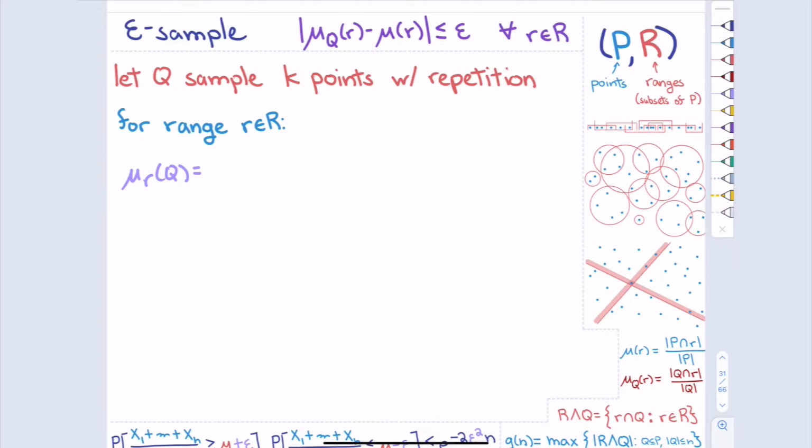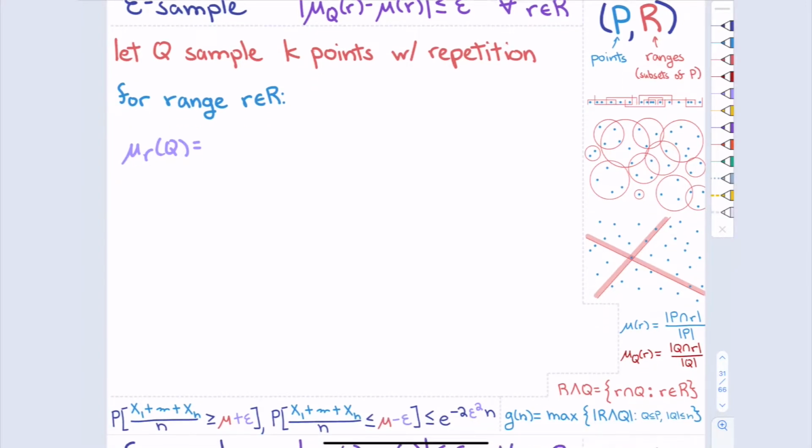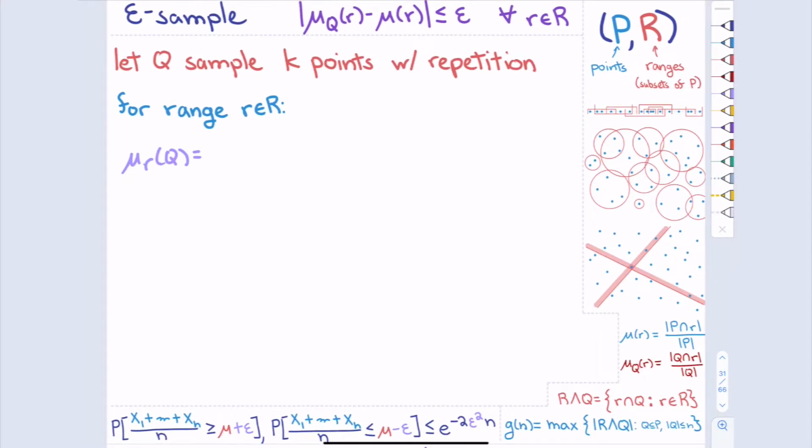Now, for a fixed range R, I want to use the additive Chernoff bound, which I have at the bottom there, to argue that the measure with respect to Q of that range R, oh, I got it backwards, didn't I?